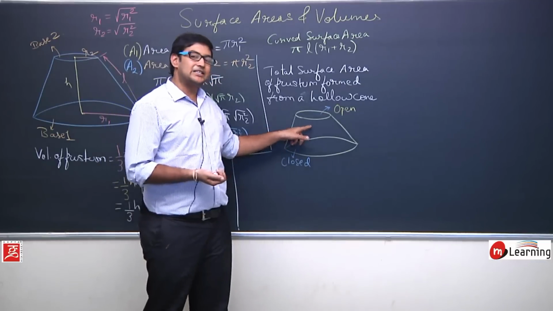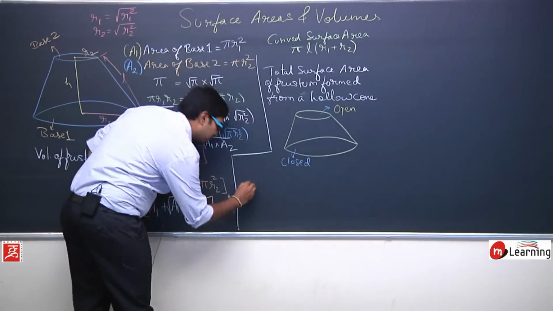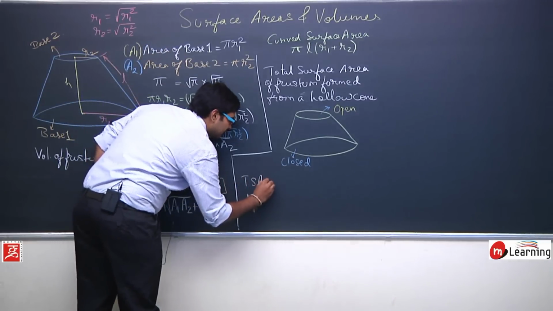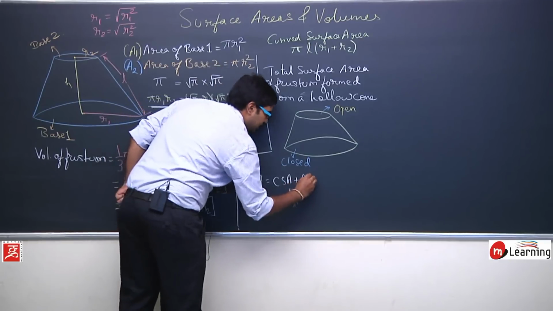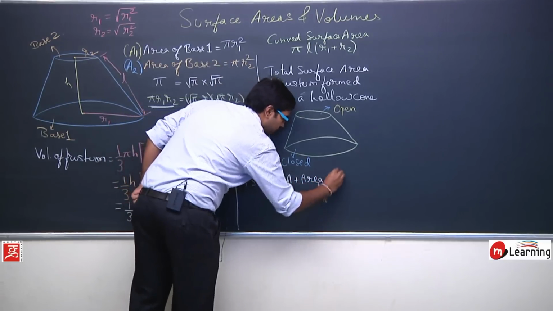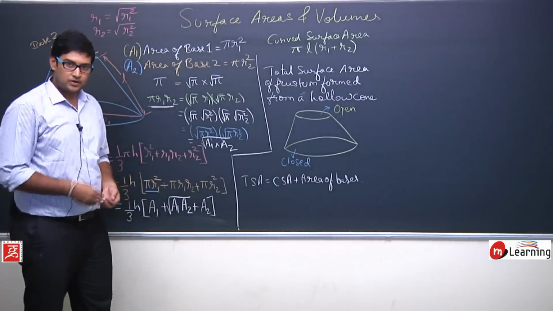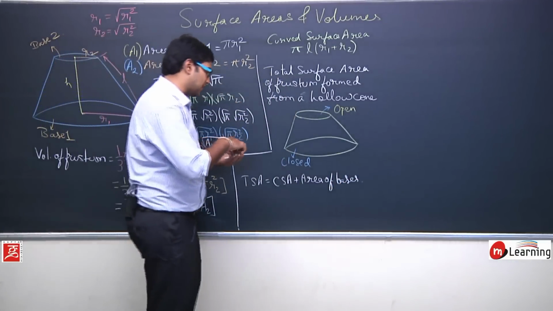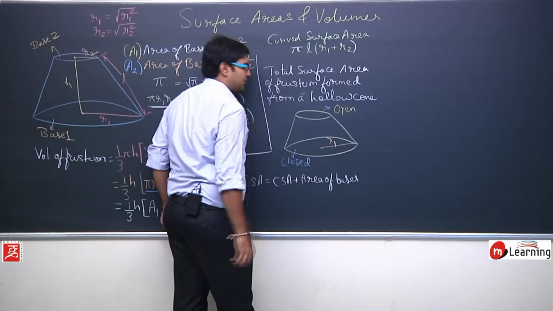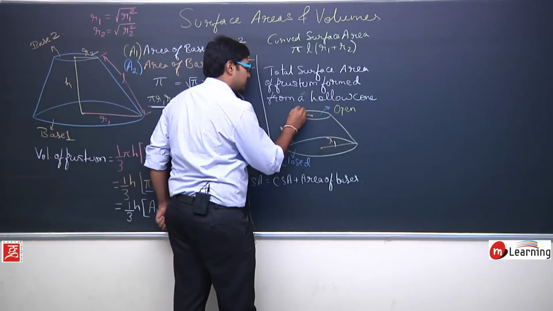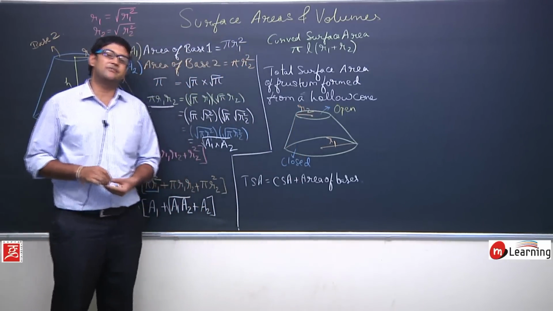So in this case, if I write the total surface area, now what is the total surface area? Total surface area is equal to curved surface area plus area of bases. Since we have two bases here, which base should I consider? The radius of this base is R1 that we have previously defined, and the radius of this base is R2 that we have also previously defined.